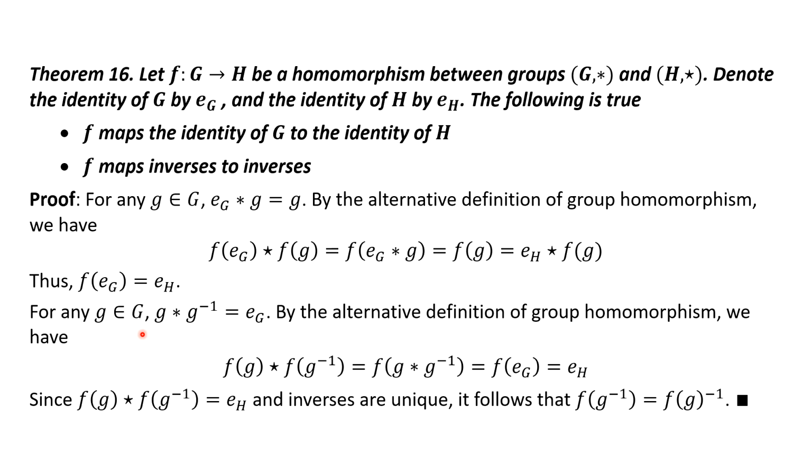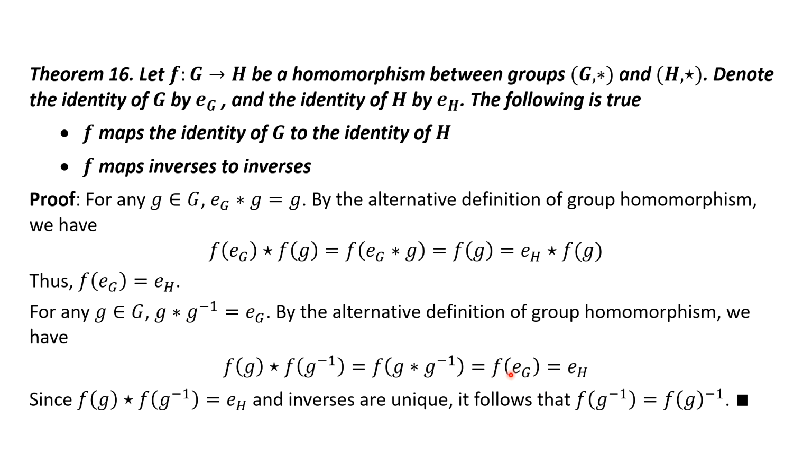The second part of the theorem has a very similar proof. Take any g, an element of G, then g times its inverse is the identity. Using the alternate definition of homomorphism gives us this first equality here. And then this g times g inverse equaling this follows from this here.